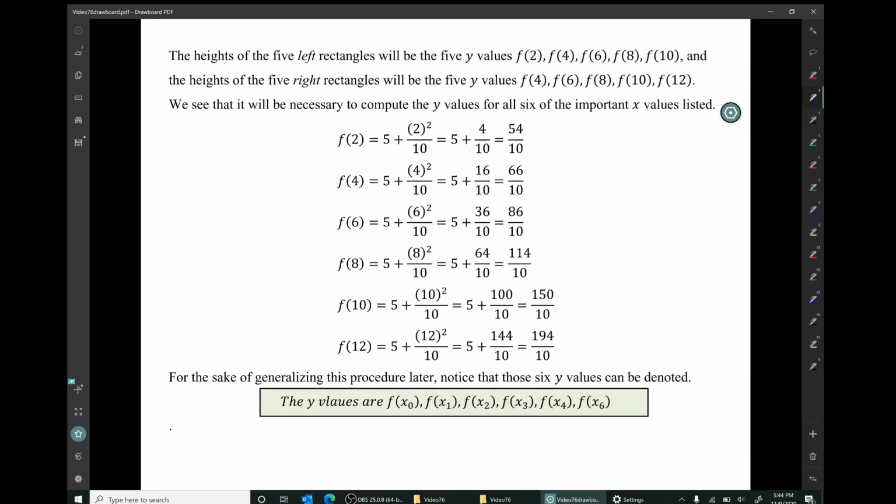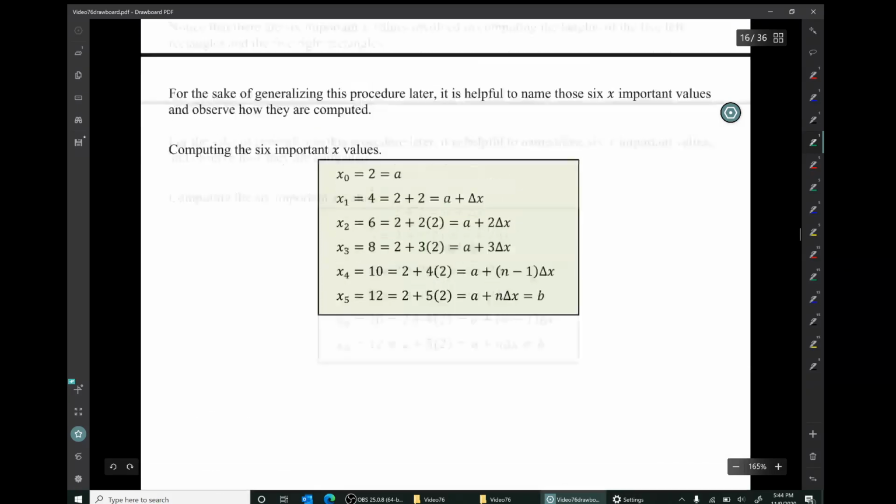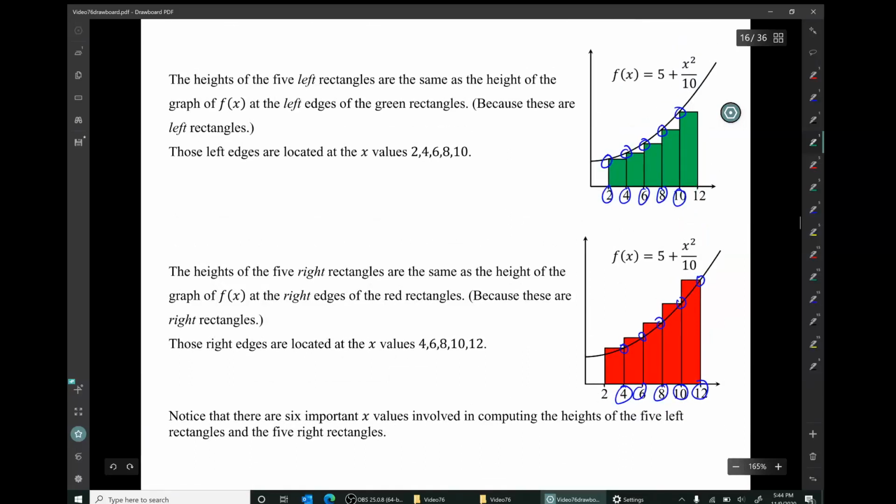Now what about the heights of the rectangles? The heights of the 5 left rectangles will be these 5 y values, f parentheses 2, f parentheses 4, all the way up to f parentheses 10. On our graph, those are these lengths. This length is f parentheses 2. This length is f parentheses 10. They're heights of those rectangles.